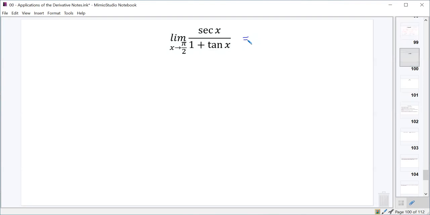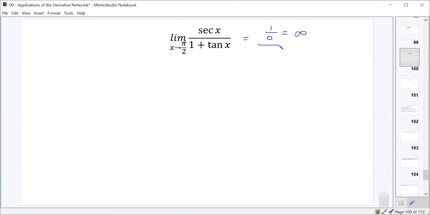So this is effectively looking like 1 over 0. Right? Secant is actually undefined at pi over 2. It approaches a vertical asymptote there. And as we're approaching pi over 2, that means we're getting very close to 0, which means we're actually dividing by a very small number, which means this is going towards infinity.